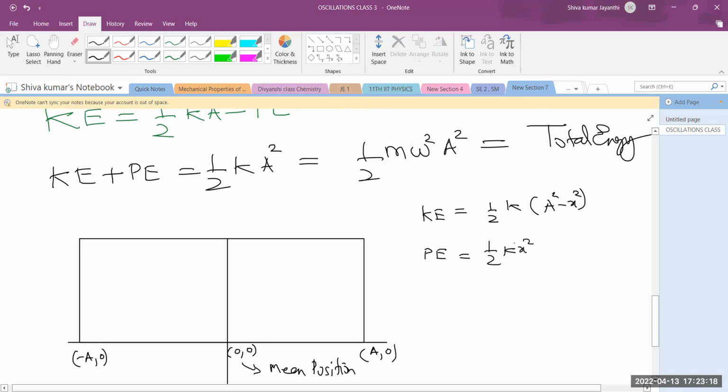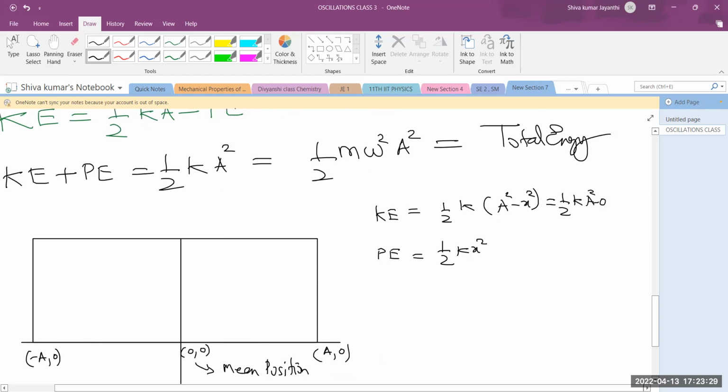At x equal to 0, kinetic energy is half k A square minus 0, so you get half k A square.